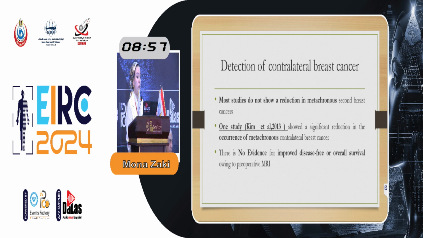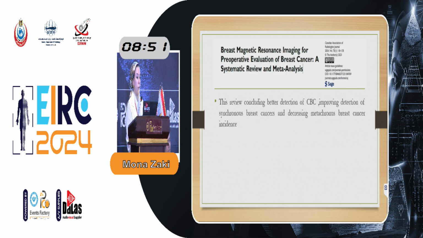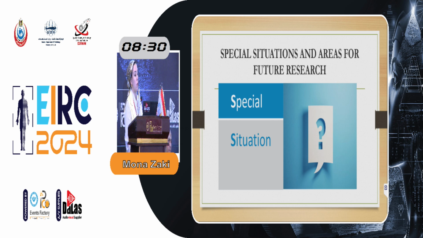And there is no evidence for improved disease-free survival and overall survival with preoperative MRI. However, this systematic review and meta-analysis done this year concluded that there was better detection of contralateral breast cancer, decreasing both synchronous and metachronous breast cancer occurrence when doing MRI preoperatively in pathologically proved breast cancer.